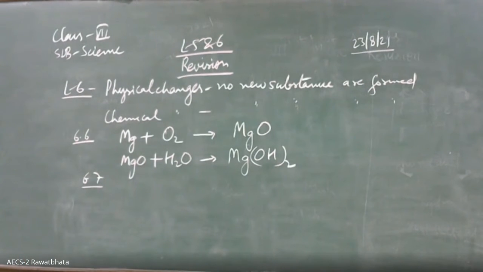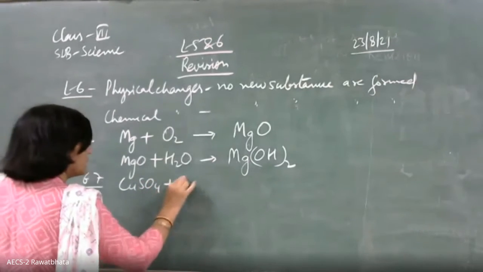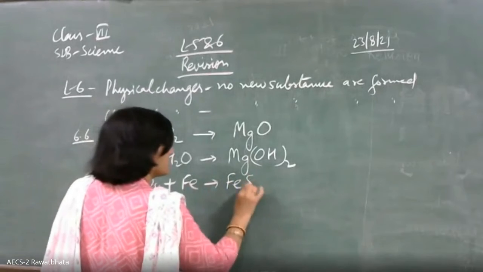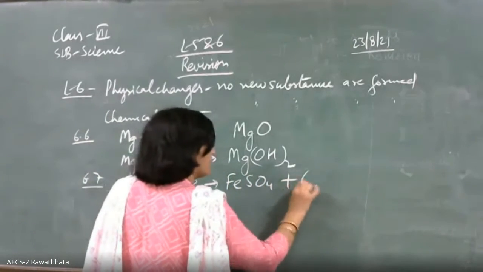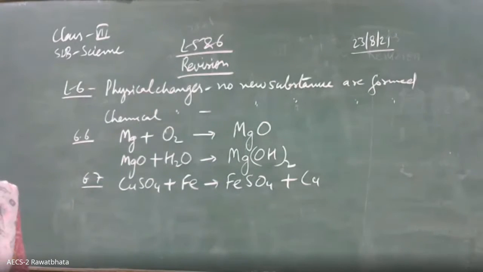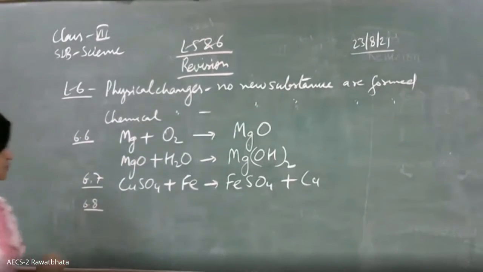They have given the word equation: copper sulfate plus iron gives iron sulfate plus copper. That is the brown deposit. Now activity 6.8.